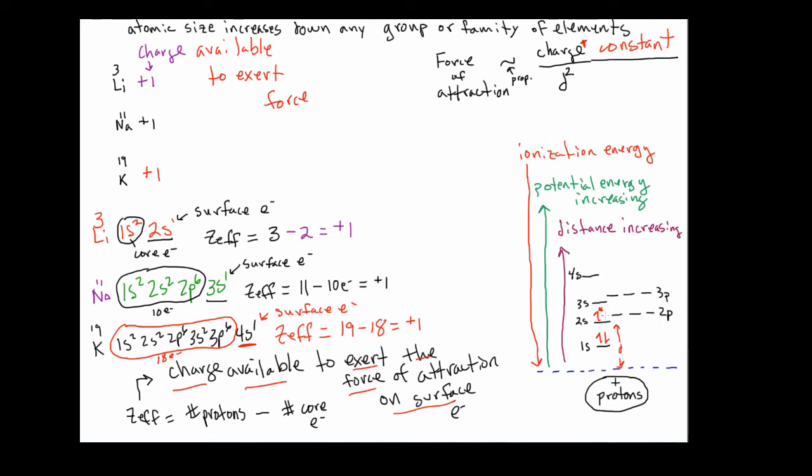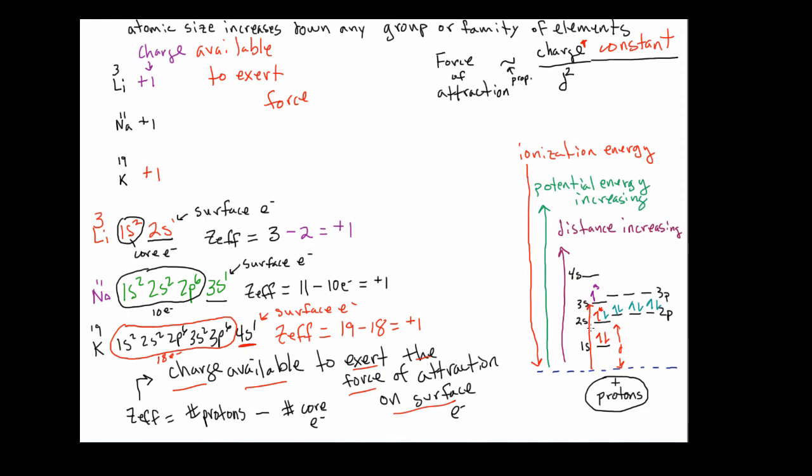Now let's go ahead and do sodium next. I'll use a different color for the sodium, and its surface electron is going to be up here in energy level 3. So look what happened here. I'll use red again. So my distance factor for the sodium electron is here.